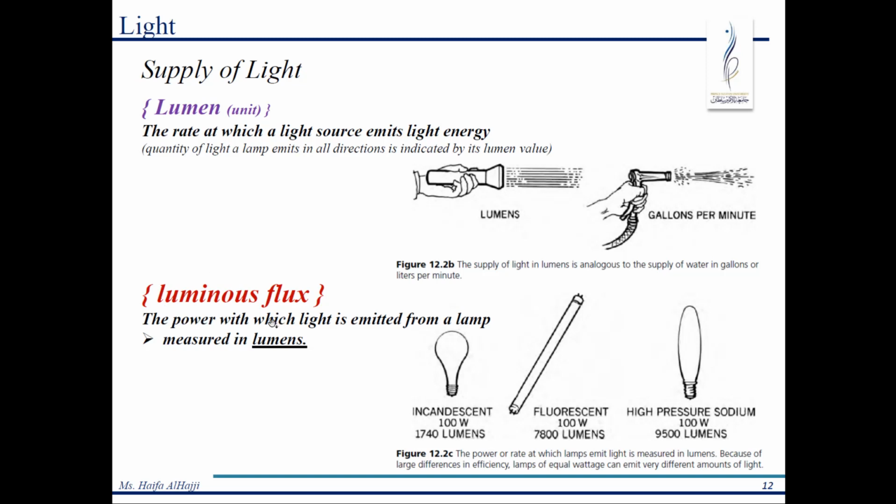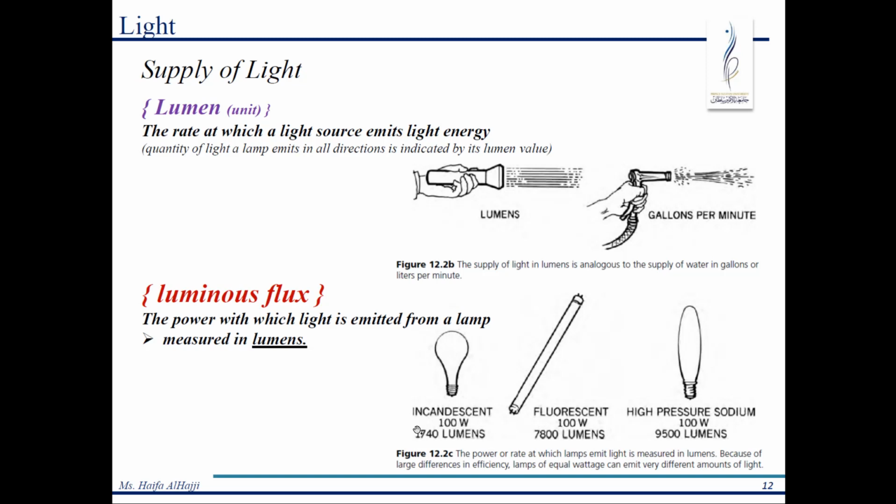So luminous flux is the power in which light is emitted from a lamp. As we can see, it's measured in lumens. So as we can see in here, we have the different types of lamps. We have this incandescent light, we have this fluorescent light, and we have this high pressure sodium. Now, each one of them has a different amount of light coming out of it.